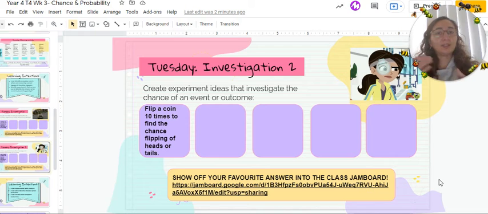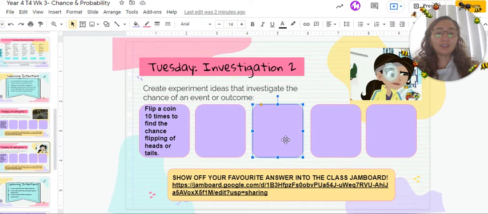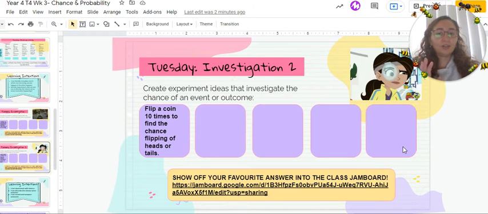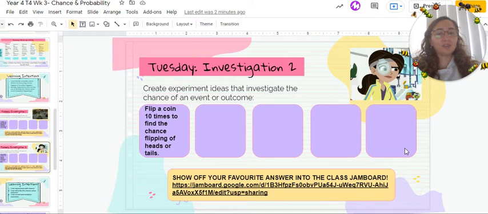Okay, that's an experiment, things like that. Have fun with it. Remember, 1 answer is fantastic. Now, if you can only think of 1 answer, you can delete all these other boxes. If you can think of 2, that is also fine. 3 or 4. I've just put 4 boxes there, but you can put however many answers you can come up with. And then again, share your favorite answer here.